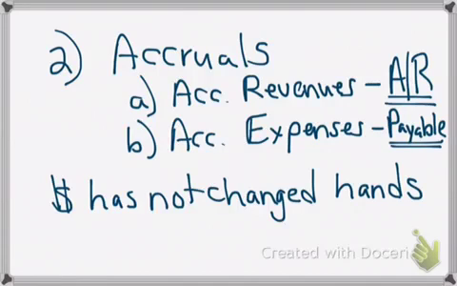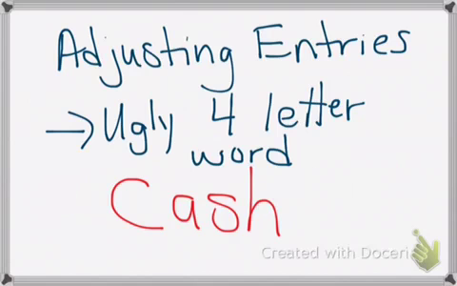Other items are wage expenses. If somebody's worked for the month and you haven't paid them yet, then you have a wages payable. For interest, if you have an interest account out there and you haven't paid that interest expense yet, then you have an interest expense and an interest payable. So remember, accruals are when money hasn't changed hands yet.